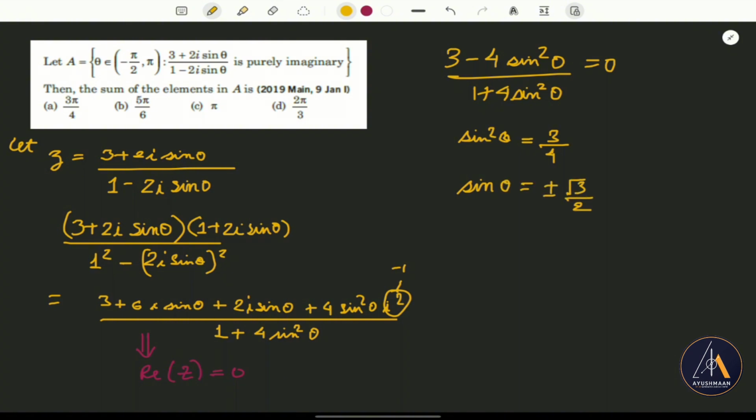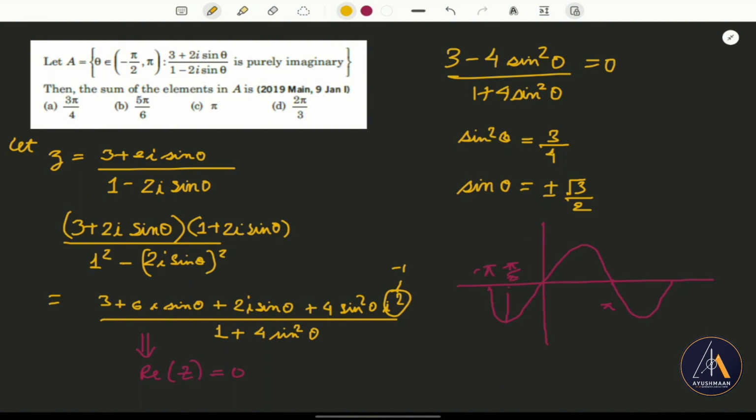Now we know sine graph, which is like this. So here it is starting from minus pi to pi. This is minus pi by 2.